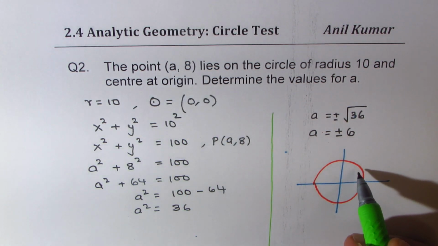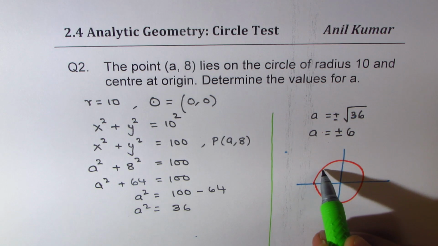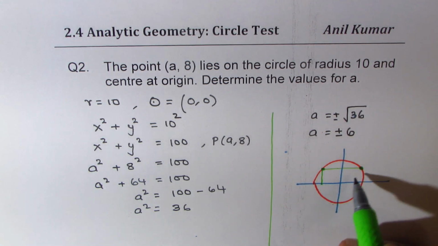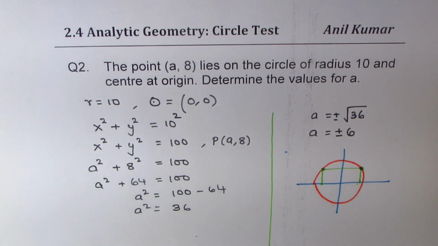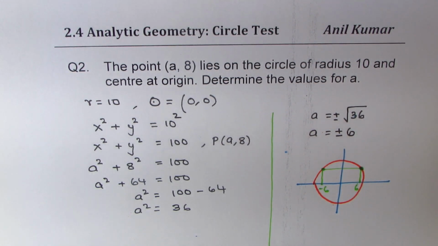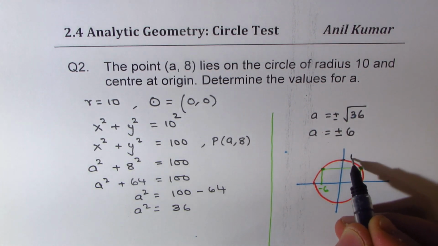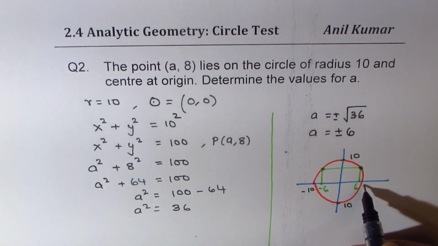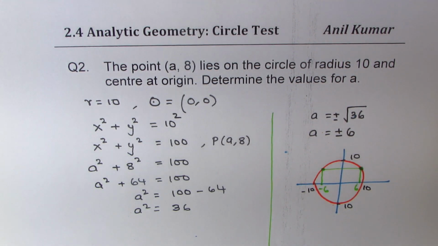So for y value being 8, let's say this is 10. Somewhere here, y value being 8, we got 2 x values. Do you see that? Minus 6 and plus 6. So that is how you could visualize. So I hope that is absolutely clear, right?